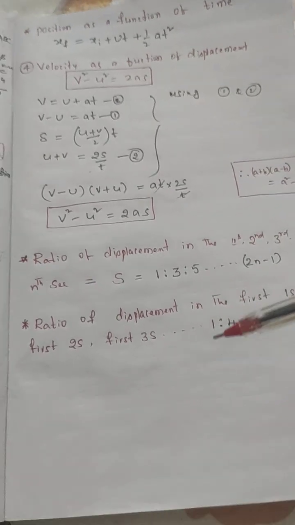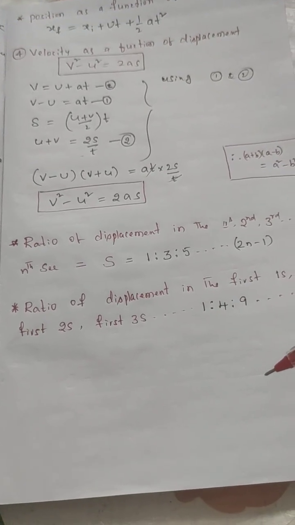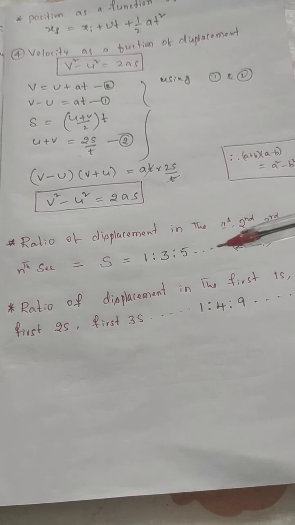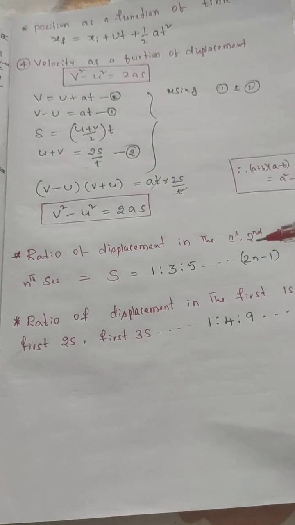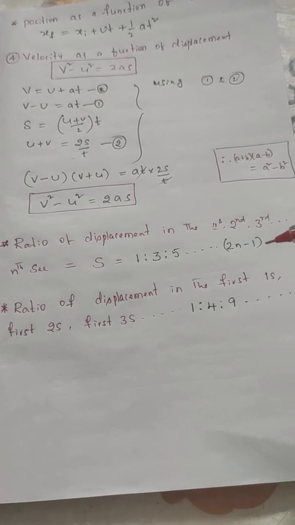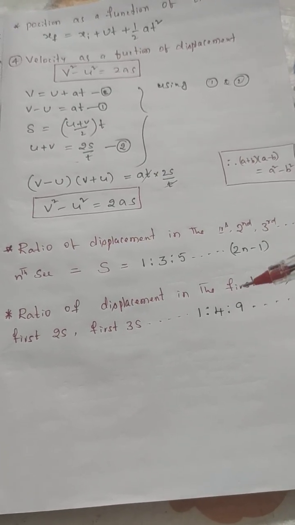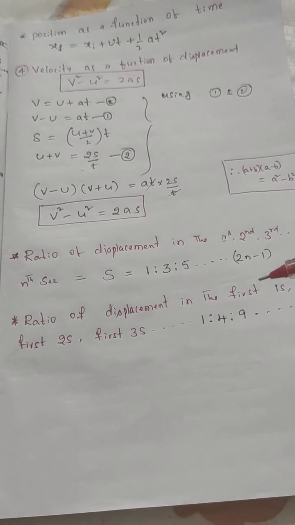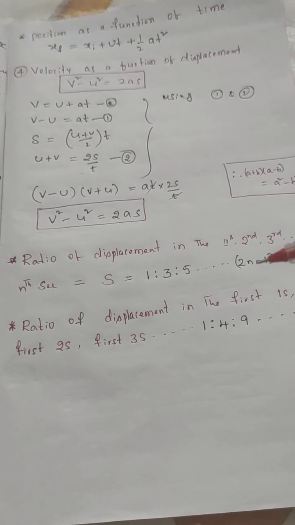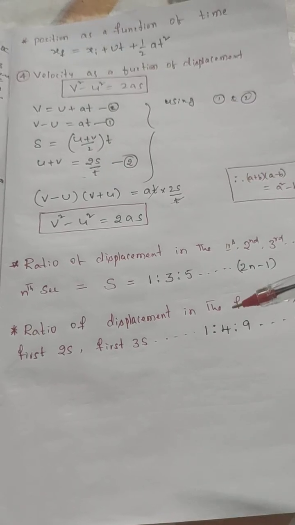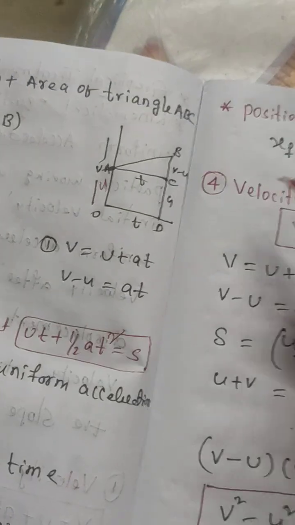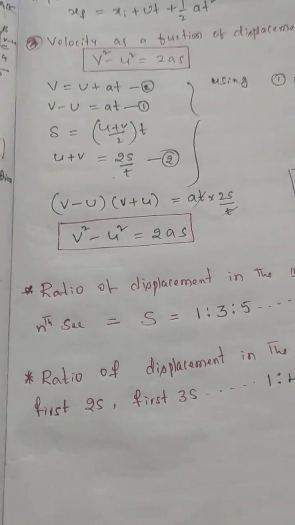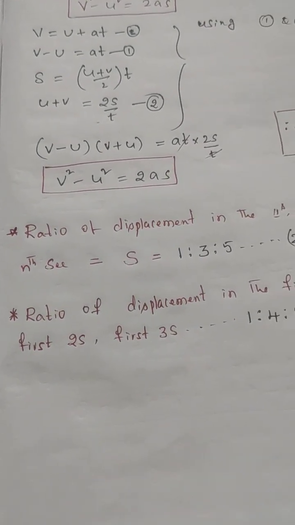Now these are the other formulas using kinematic equations. Suppose the ratio of displacements in the first, second, third and nth second. What is the displacement in the nth second? From the third equation, Sn is equal to u plus a into (n minus half).